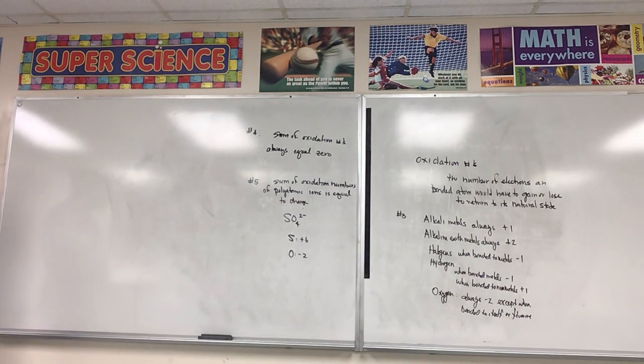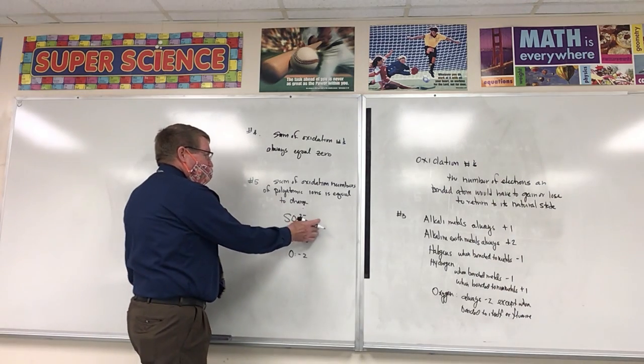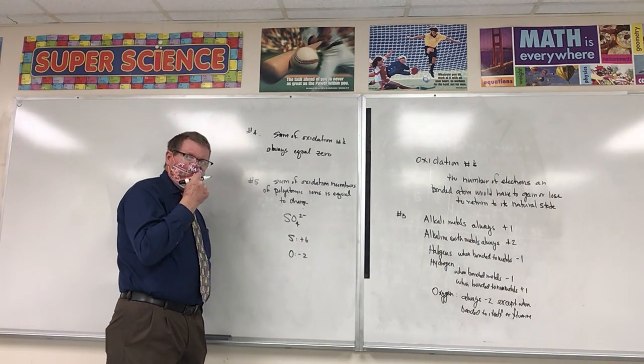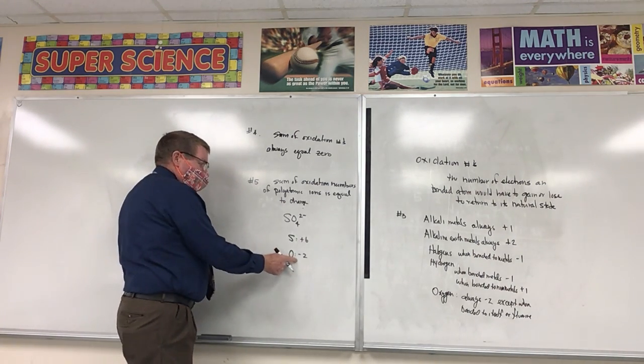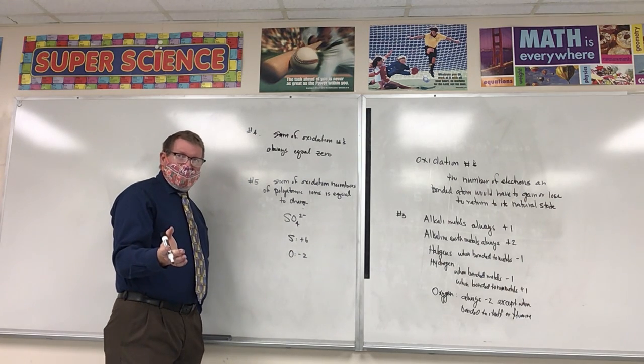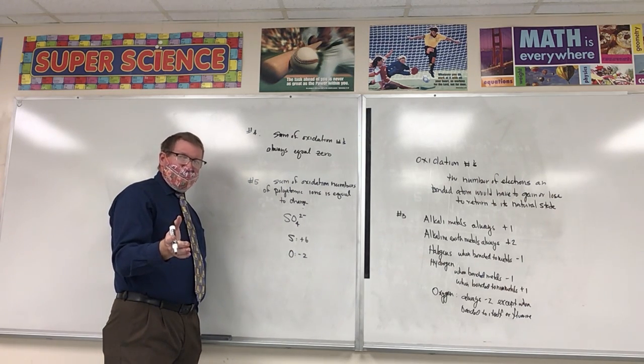Yeah, you got a question? Yeah, I'm kind of confused. So you just take it and whatever's left over to make it equal 0 is the number you put in. But in this case, I'm going to put in whatever's going to make it equal -2. Because oxygen is always going to be -2, so I know that for sure.